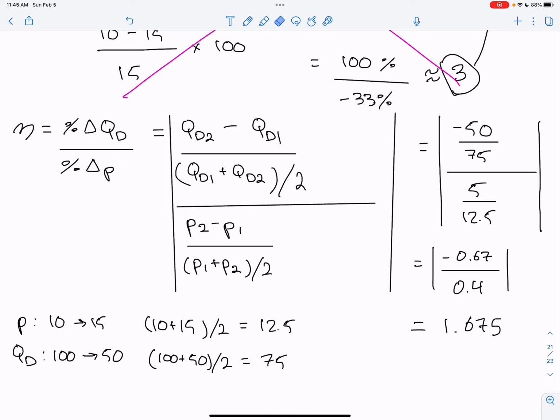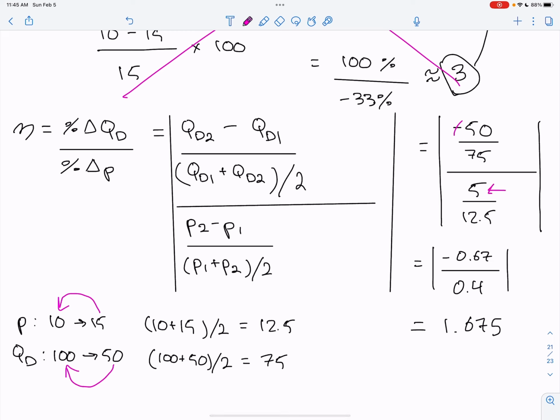Now, notice that if we did this the other way around, if we went from 15 to 10, and therefore from 50 to 100, what would we get on the top up here? Instead of negative 50, we would just get 50, right? Because 100 minus 50 is 50. Now, because we're taking averages, this denominator doesn't change. It's 75, right? Now, what would we get here?